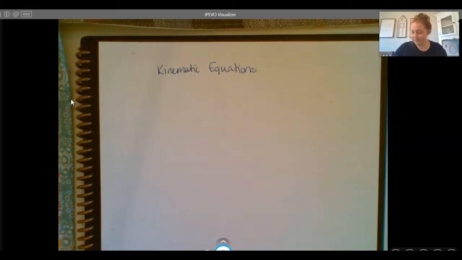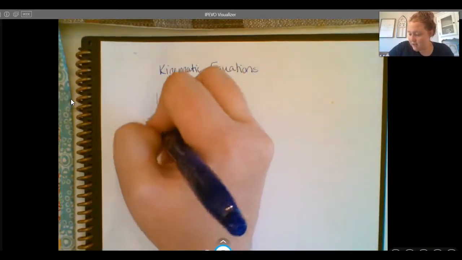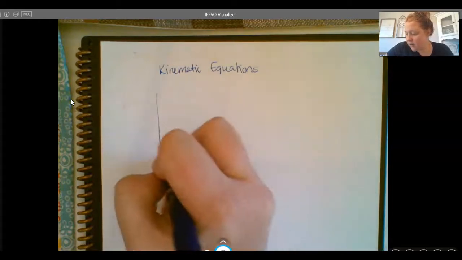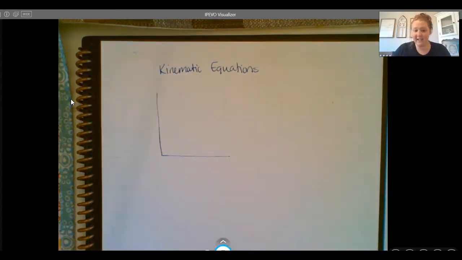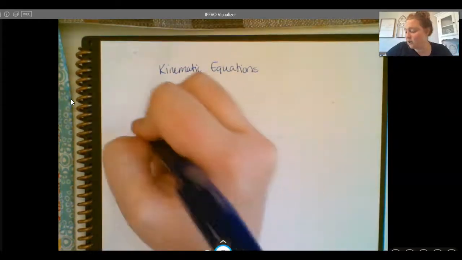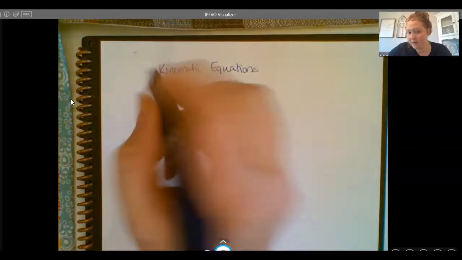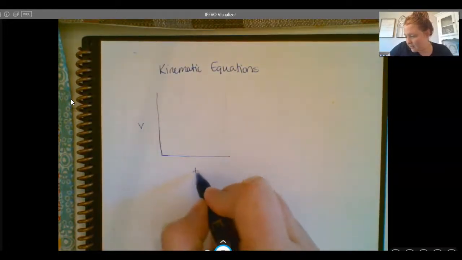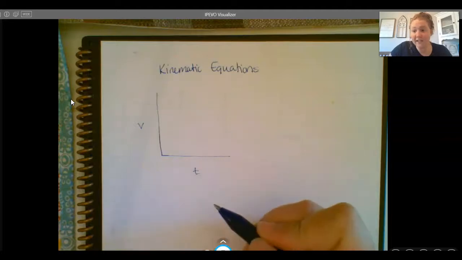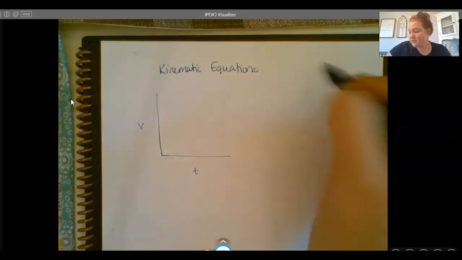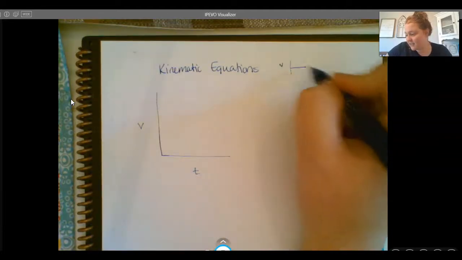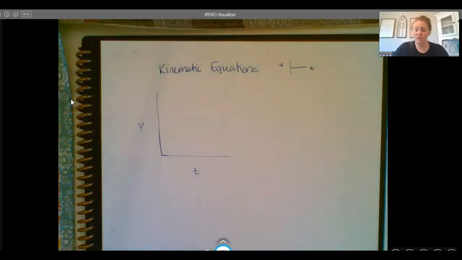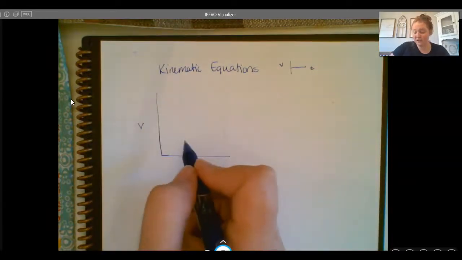So first of all, these equations stem from a velocity and time graph. So I'm going to draw my velocity and time graph. Now this looks a little different than what we've seen. Normally we've seen a velocity and time graph that kind of looks like this, but for my derivations I'm just going to be focusing on the positive region.